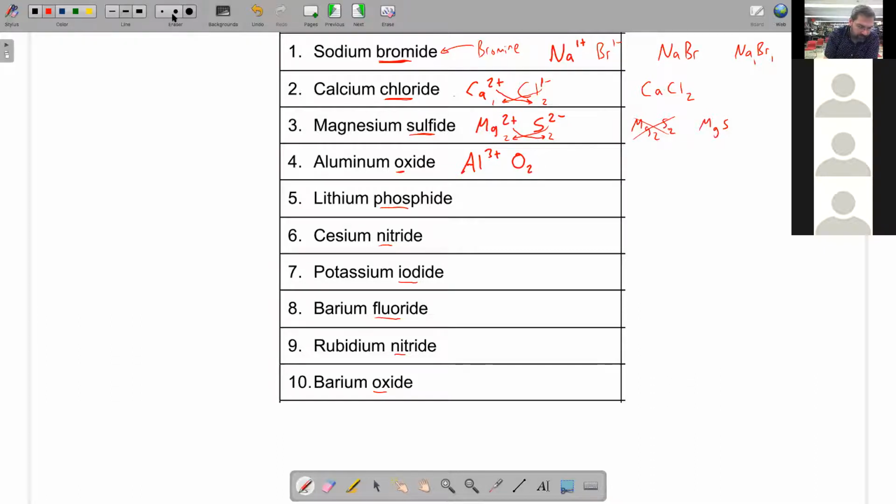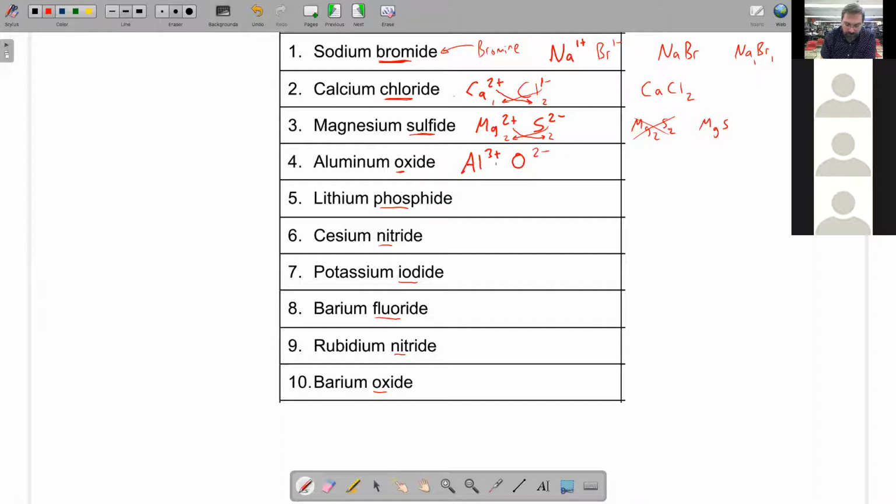Oxygen has a charge of 2-. In order to have a neutral compound, you're going to have the least common multiple of 2 and 3, which is 6, as a charge for each of the ions.